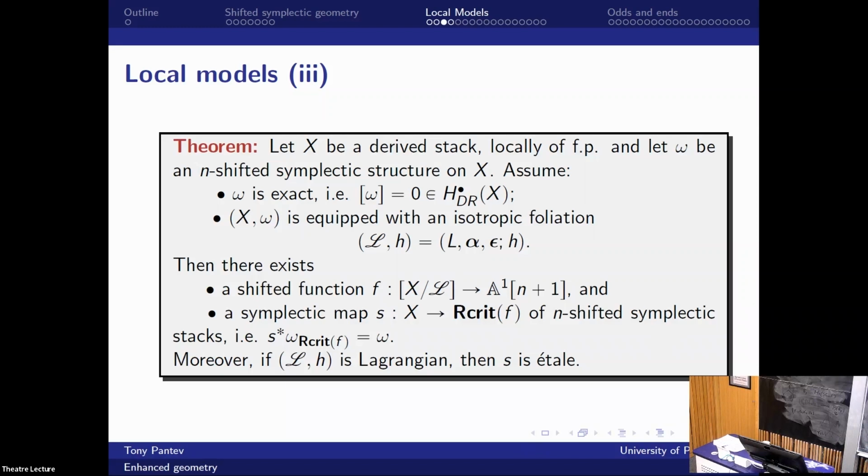So you need to require that if you want to have a potential, you need to require that your symplectic form is exact. And so I'll require that.